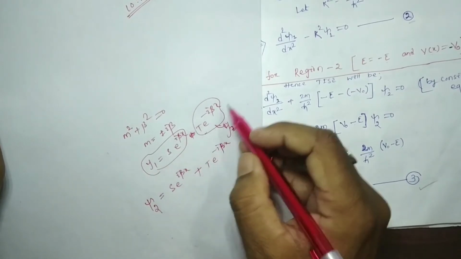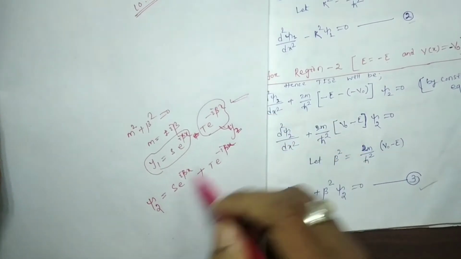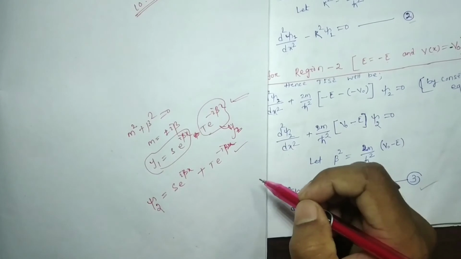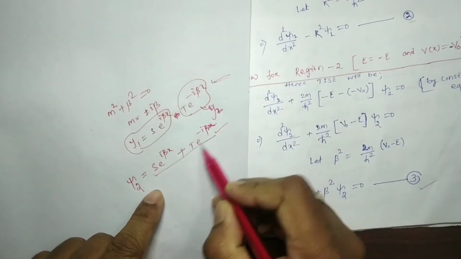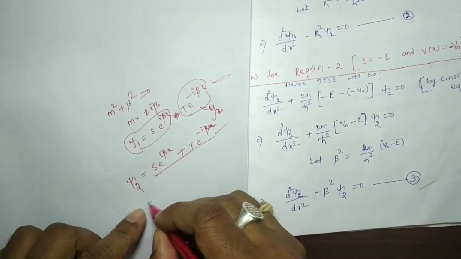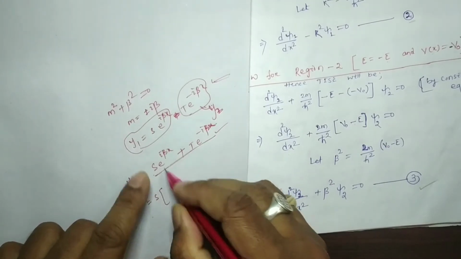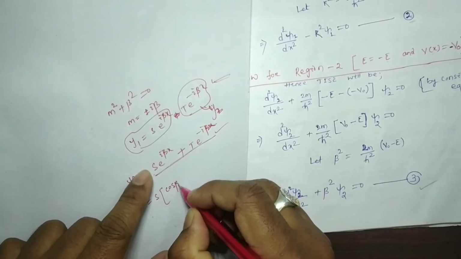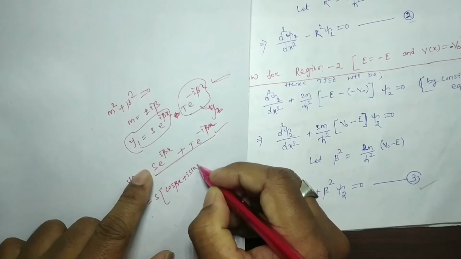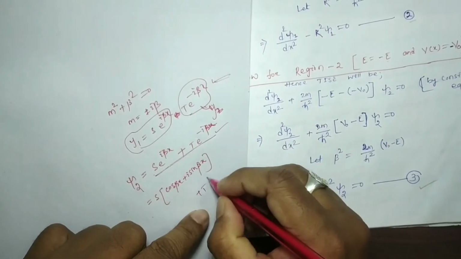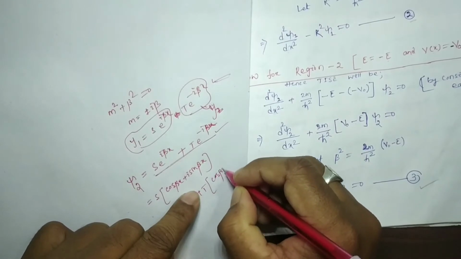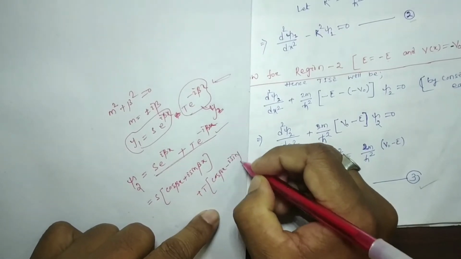This type of thing we have done many times. So this is our general solution for equation number 3, for region 2. This can also be written in the form of sine and cosine: s into cos beta x plus i sine beta x, plus t into cos beta x minus i sine beta x.